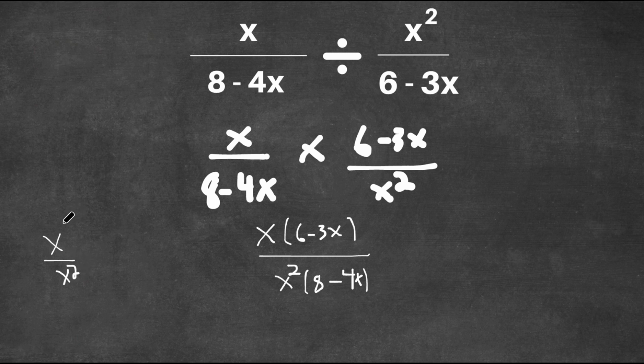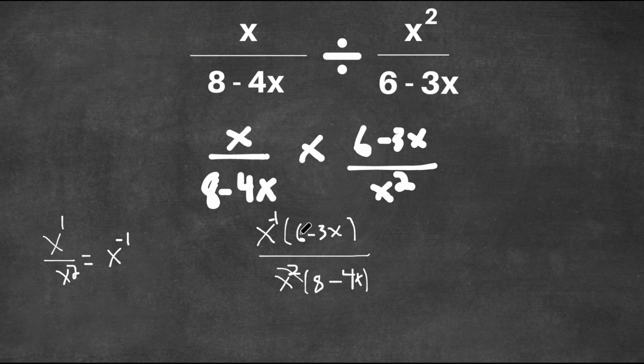Well, this is the same thing as asking what is x to the power of 1 divided by x squared. And remember, when we're dividing exponents, we simply subtract our bottom exponent from our top exponent. So what is 1 minus 2? That's negative 1, right? So we have x to the power of negative 1. But what is x to the power of negative 1? x to the power of negative 1 is simply equal to 1 over x, right?